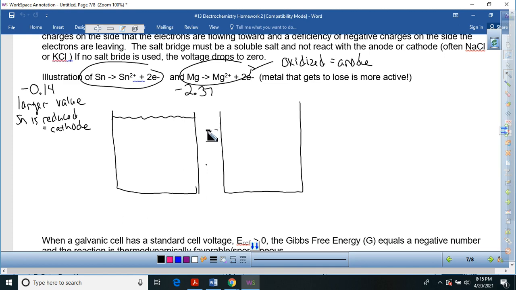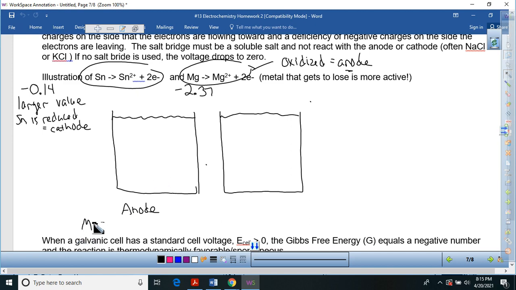All right, so I'm going to make my two half cells, and I know that my magnesium is at the anode. I'm going to put the anode on the left, so I'm going to label this my anode. And I know that magnesium is at the anode. Now, when I write my half reaction for the anode for magnesium, I need to show it losing electrons.